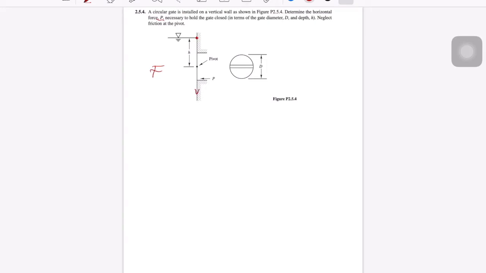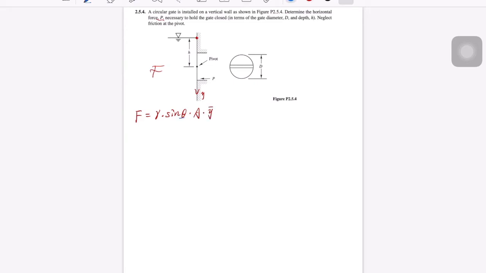So this is the y-axis. According to the hydrostatic force equation, hydrostatic force equals specific weight of water times sine theta times area of the gate times y bar.